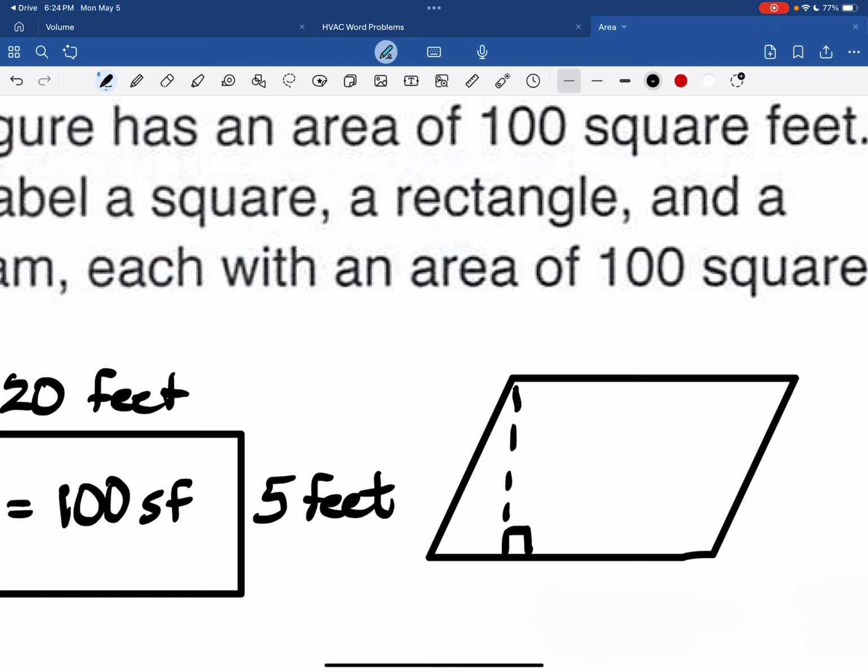And so we need the base and the height to be the dimensions we want. So I'm going to use a 25-foot by a 4-foot. And clearly that's not to scale, but 25 times 4 is 100 square feet for the area.